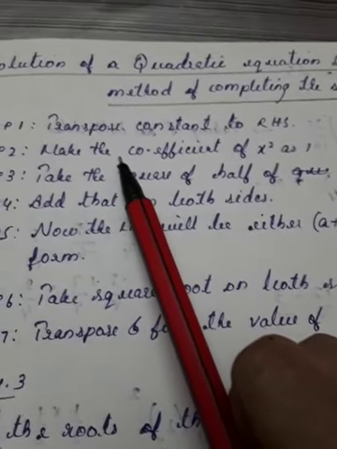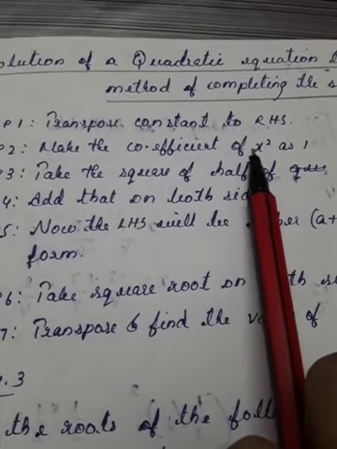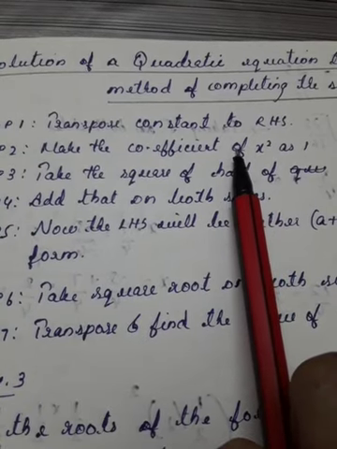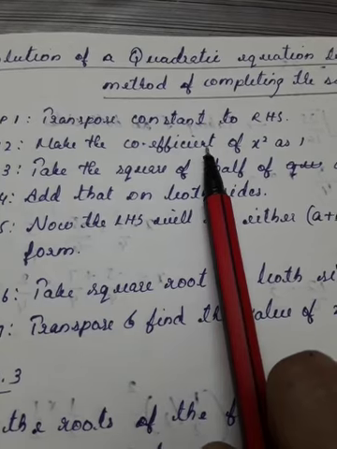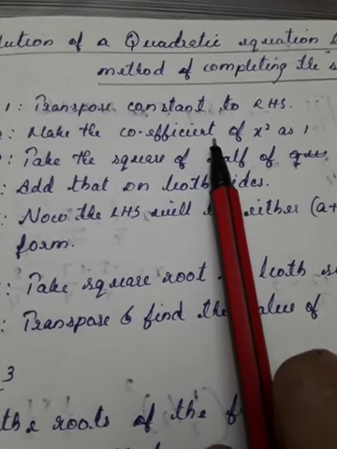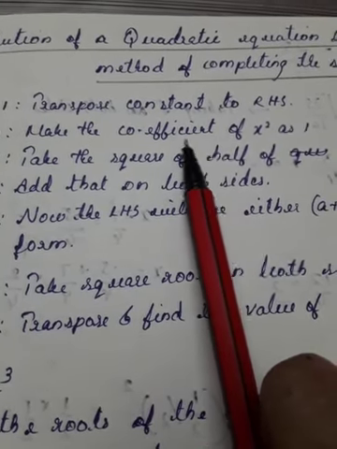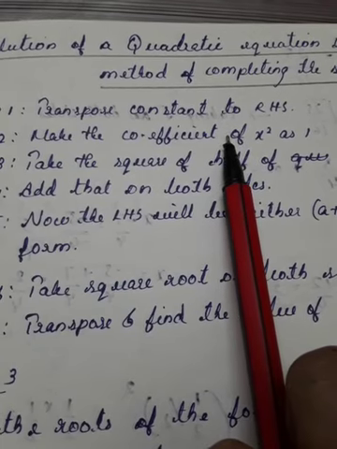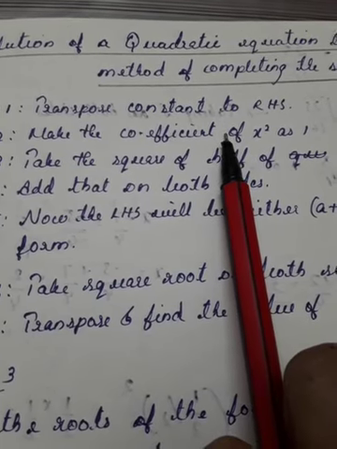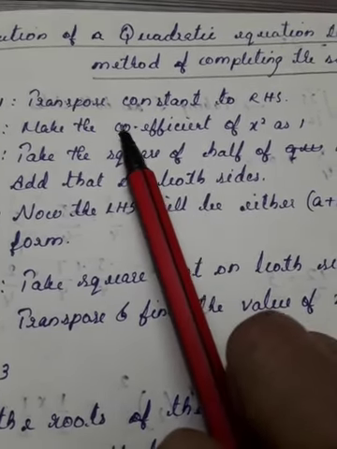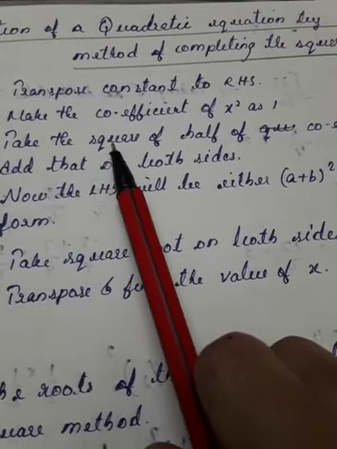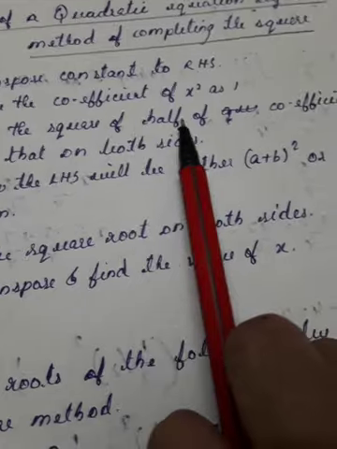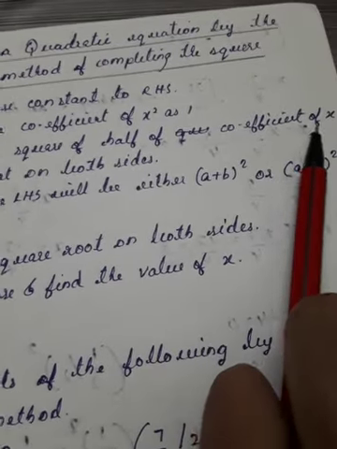Then the second thing is that the coefficient of x² should be 1. That means a equals 1. If a is not equal to 1, then what should we do? Divide all the terms by the coefficient of x², a. The third step is to take the square of half of the coefficient of x.